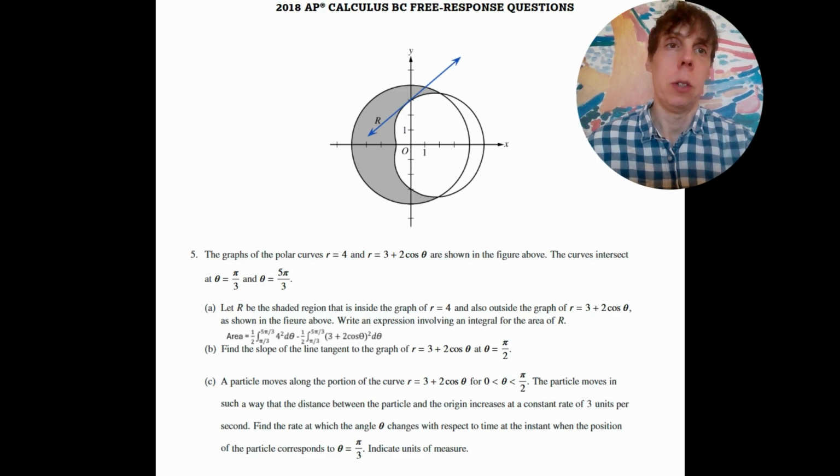The trick to this question is that it asks for dy over dx. However, we are only given an equation for r in terms of theta, specifically r equals 3 plus 2 cosine theta. Therefore, we need formulas that relate the rectangular coordinates x and y to the polar coordinates r and theta.